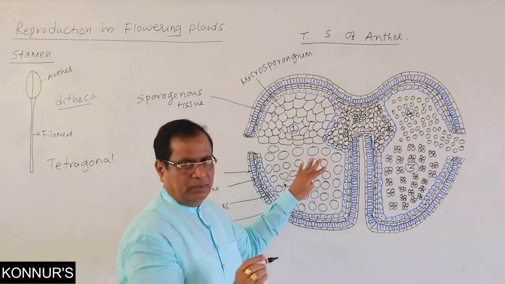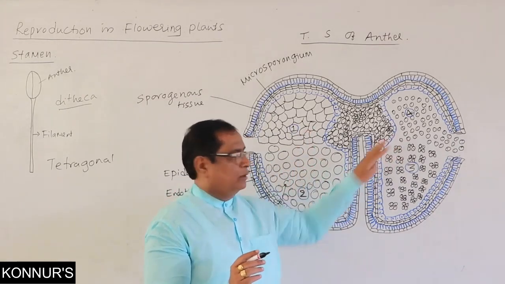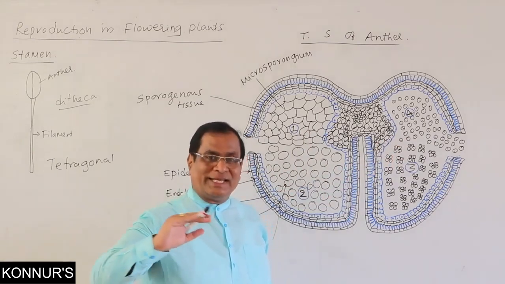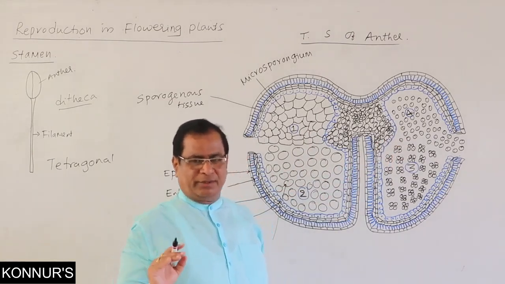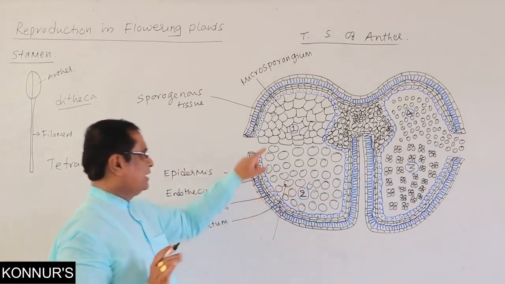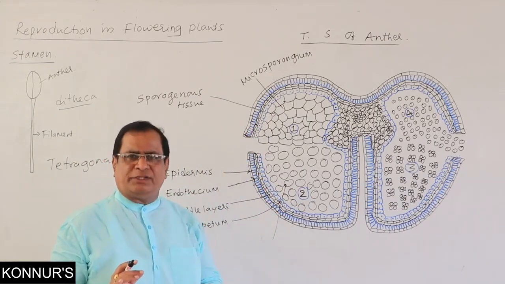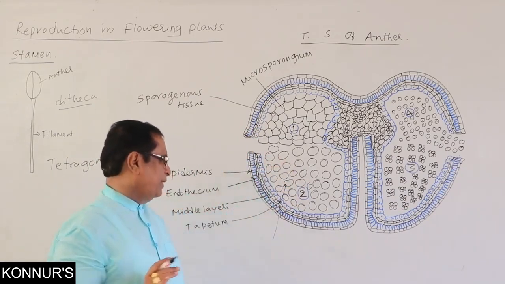In the same anther, I have shown here the four stages of development of microsporangia. In the second stage, all the sporogenous tissue is capable of undergoing division and they get separated.